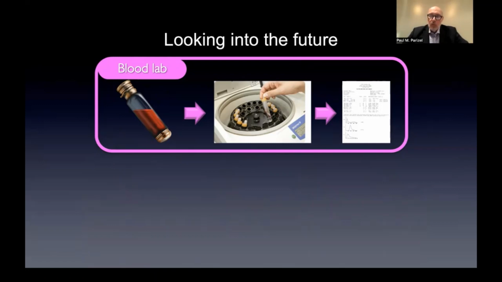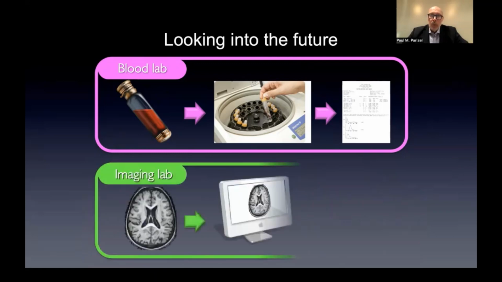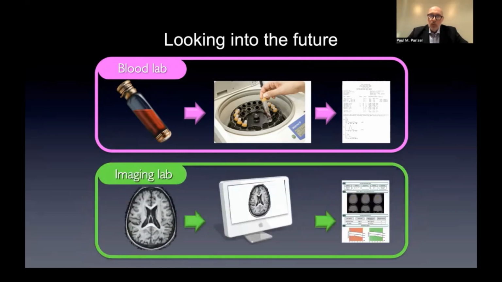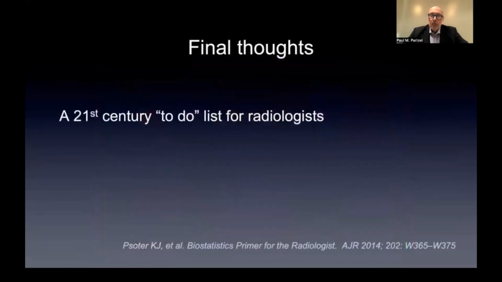Well, I think that the time has come that we need to think about doing something similar with the imaging lab, where you start with a data set, be it MR or CT, or perhaps even ultrasound, and you acquire, process and interpret the images in exactly the same way so that you can provide numbers to your clinician and that your clinician has independent information on which to act.